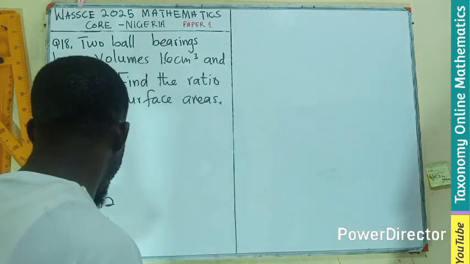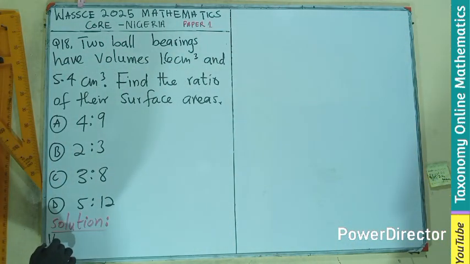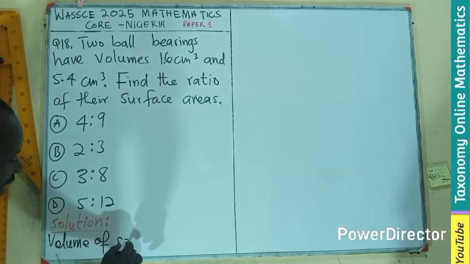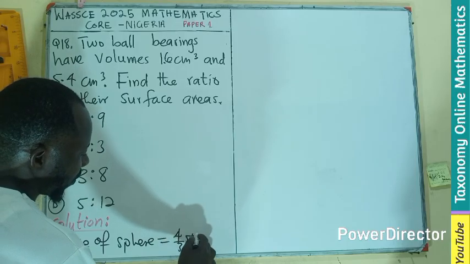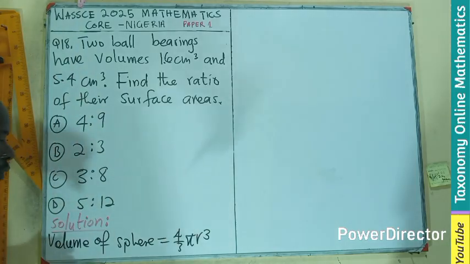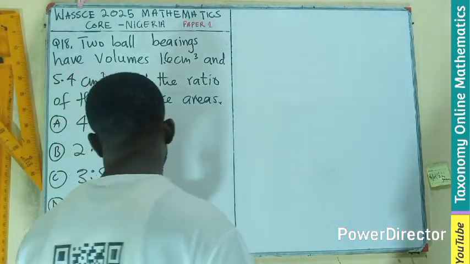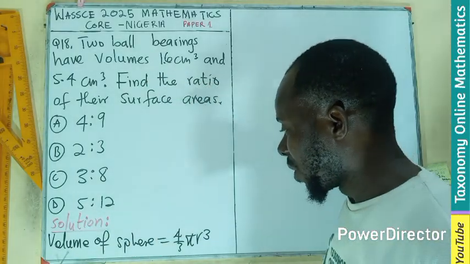We know that the volume of a sphere is 4/3 πr³. Let's focus on the volume.